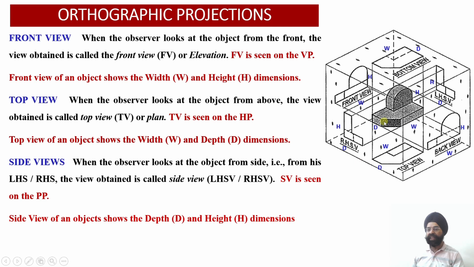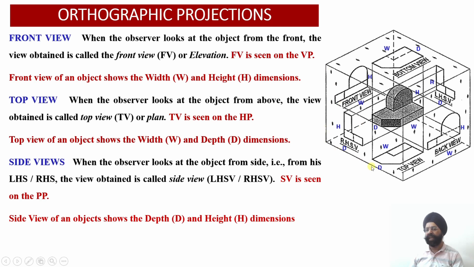Since the observer is looking at this object from the left side, the projections are obtained on the profile plane located on the right hand side, and this profile plane will be opened over here like this. So these projections will be obtained on the right hand side. Vice versa, when the observer looks at this object from the right side, the observer will be here, the object will be here, and the plane of projection will be located on the left hand side.